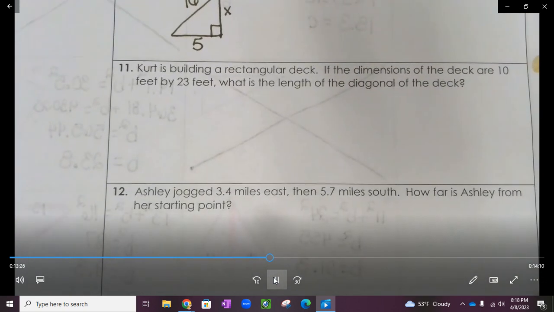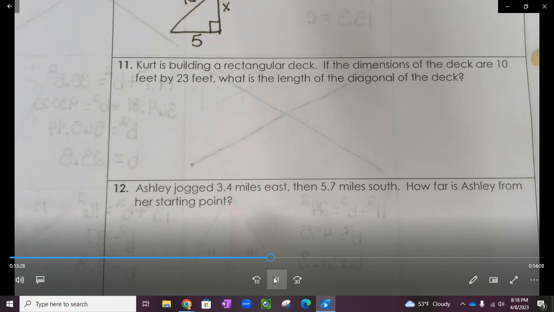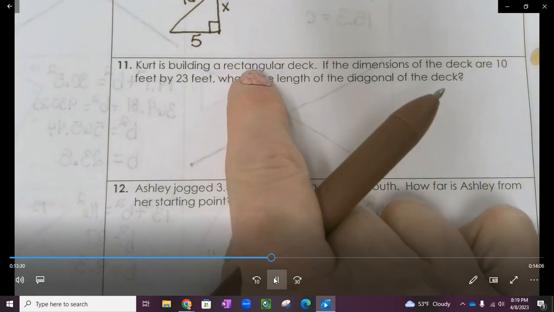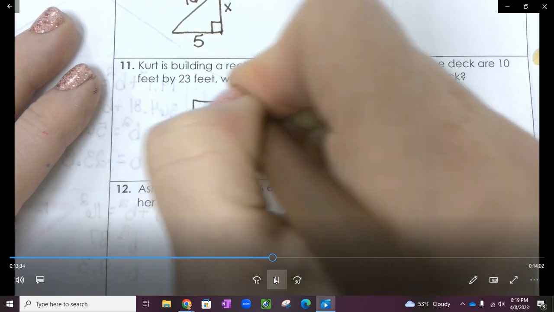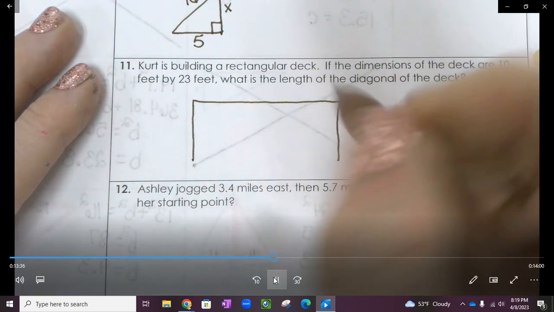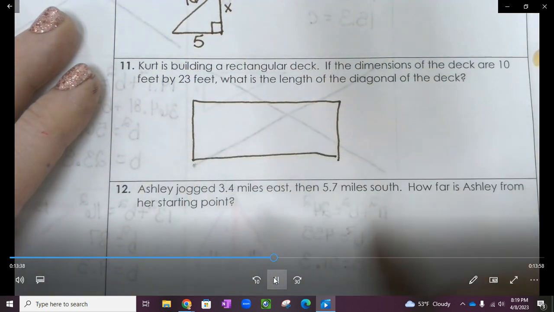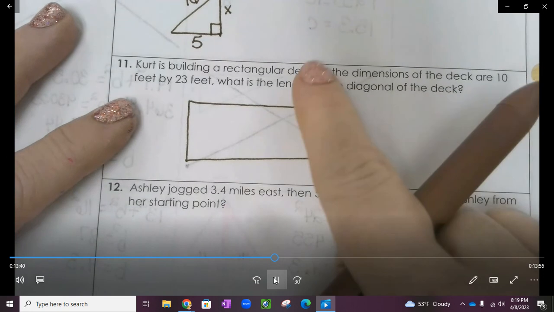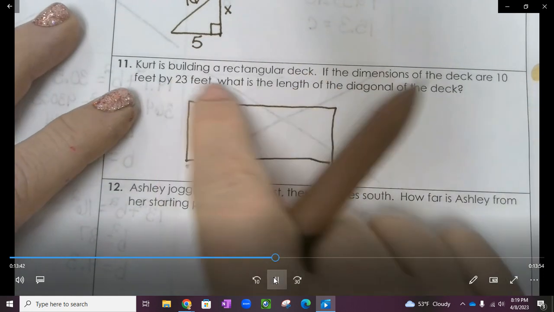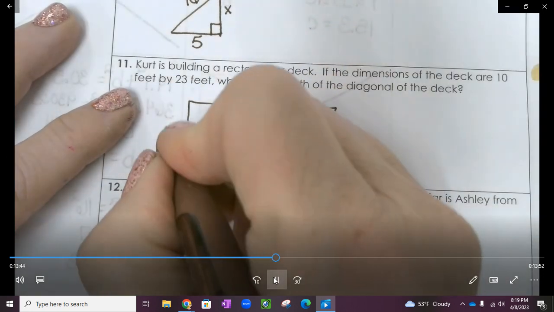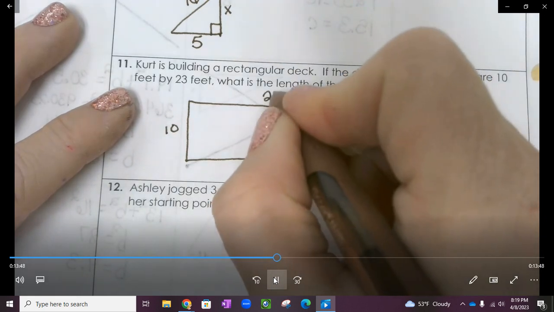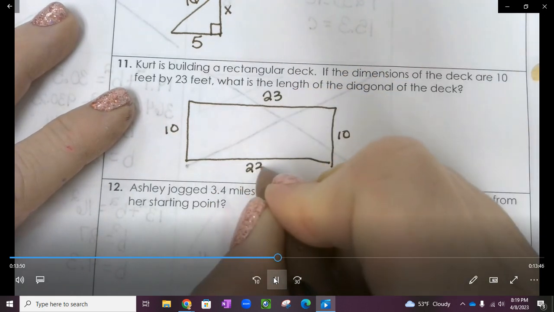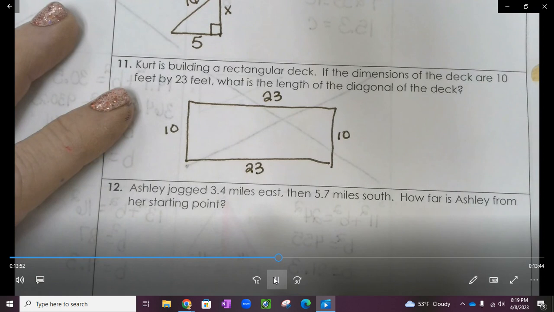Okay, number 11. Kurt is building a rectangular deck. What should you draw? A rectangle. Okay, rectangular deck. If the dimensions of the deck are 10 feet by 23 feet, that means this is 10, this is 10, this is 23, and this is 23. Okay, what is the length of the diagonal?